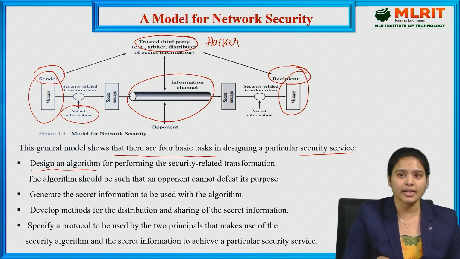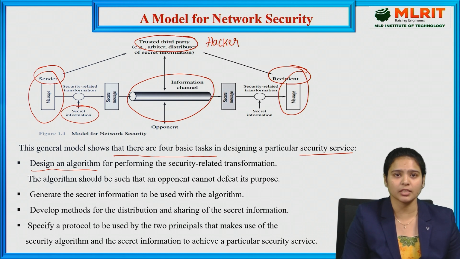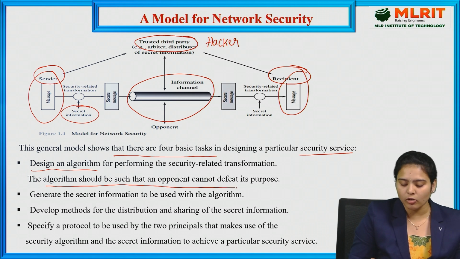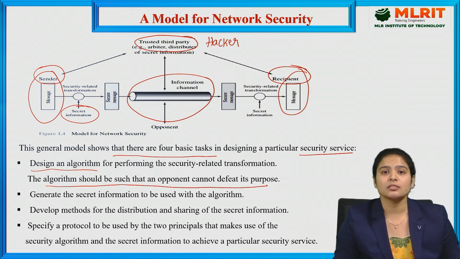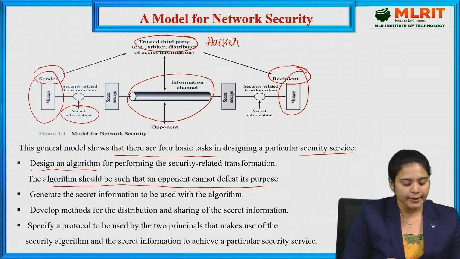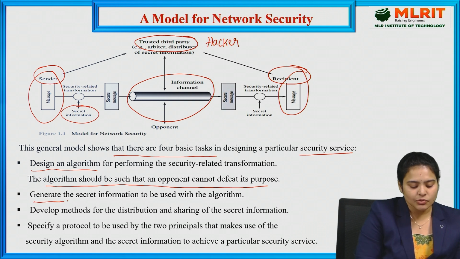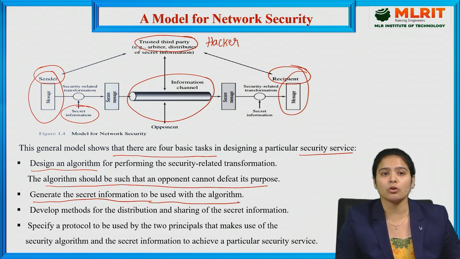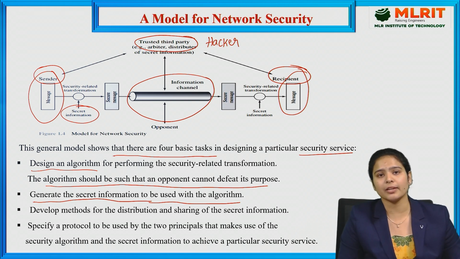This algorithm should be such that an opponent cannot defeat its purpose. The second one is to generate the secret information to be used with the algorithm. The secret information must be generated while using the model for network security algorithm.